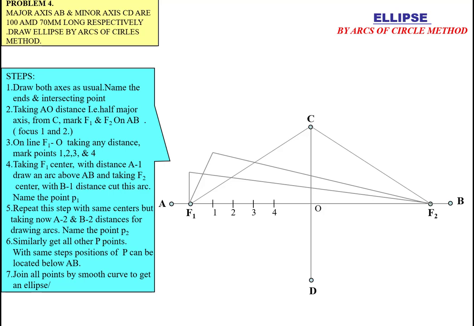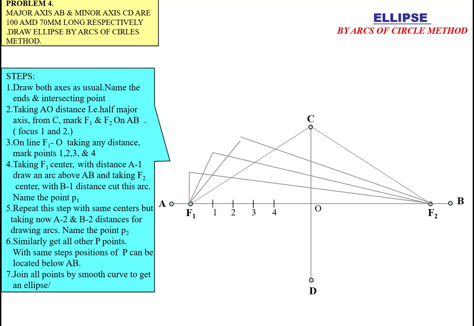Same as, take radius in rounder as A3 and center as F1. Draw an arc from F1. Now take a distance in rounder as radius B3, take center F2 and draw an arc which cuts the before arc. So we'll get a third point.